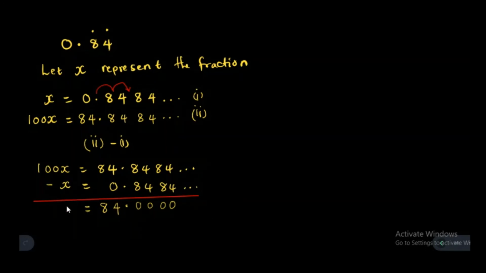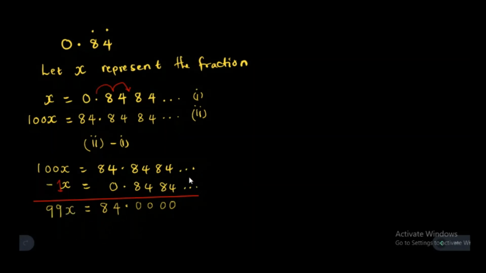So the next step is to come and subtract this other side. So in this case, we have 100x take away an x. So when there's only an x, it means there's just a 1 that is right there. Okay, so 100x minus 1x gives you 99x.